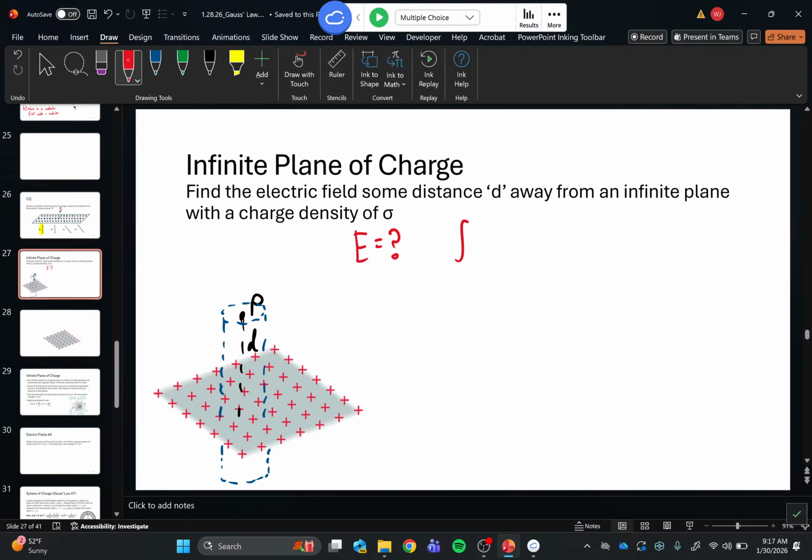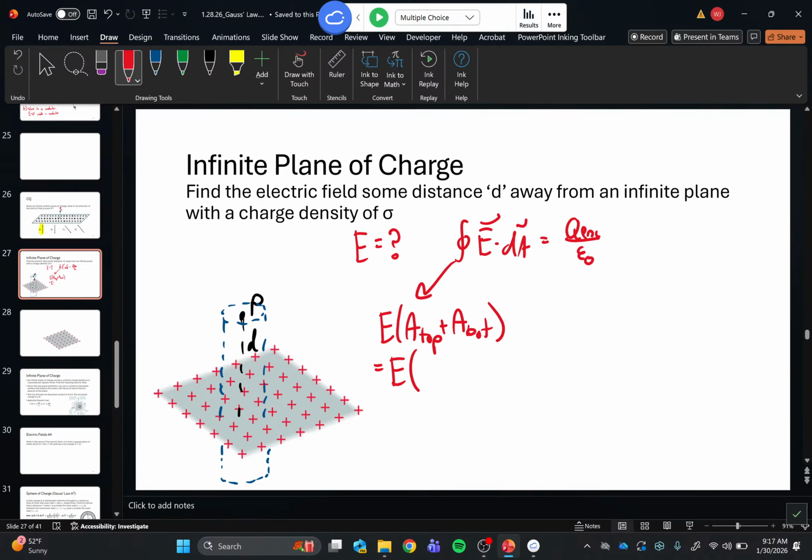Okay, so integral of E dot dA equals Q enclosed over epsilon naught. We're going to do the left side first, because it's on the left. We talked about this for a cylinder. We only care about the area of the top and the area of the bottom. The sides canceled out. The top and the bottom we kept. So that equals E times area of the top plus area of the bottom.